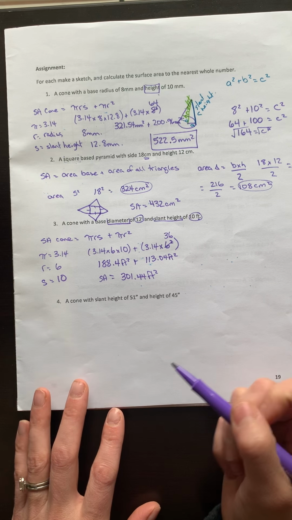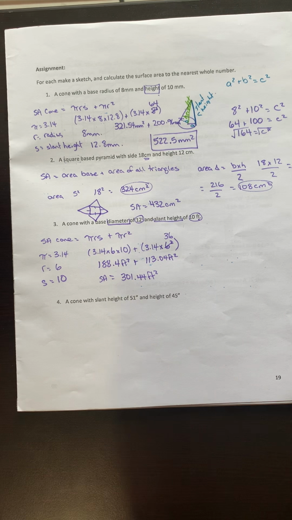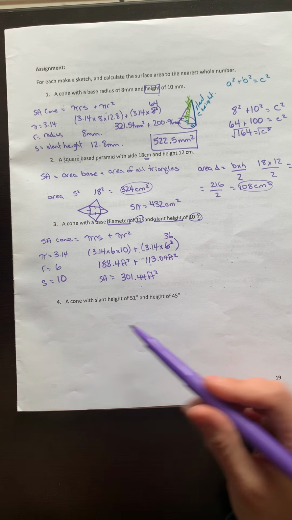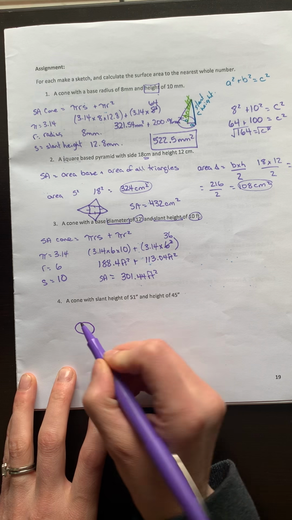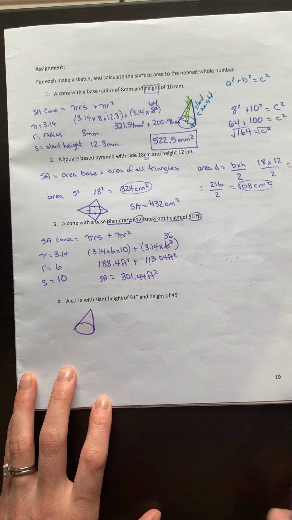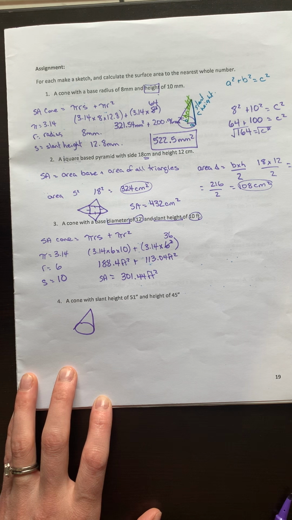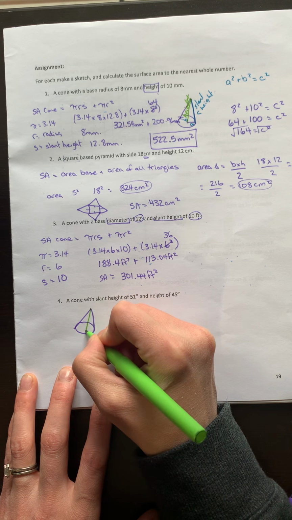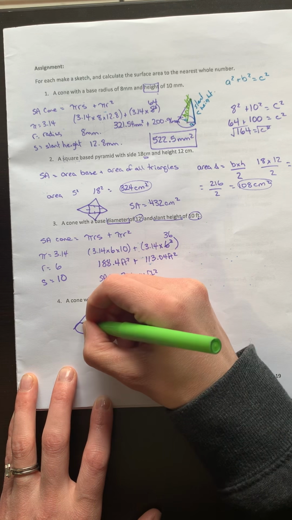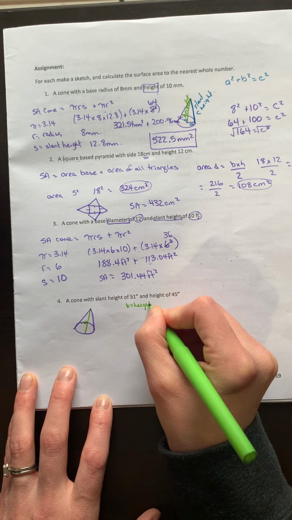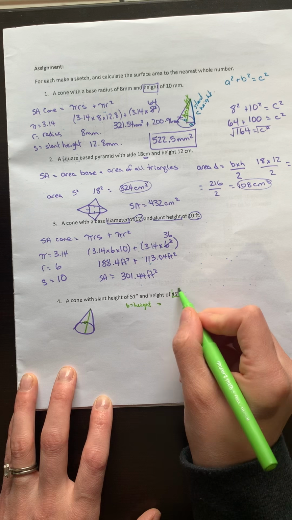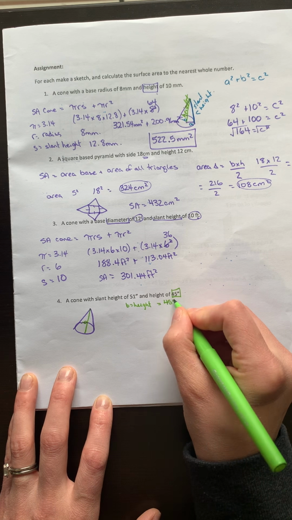Okay. And last but not least, I have a slant height of 51 inches and a height of 45 inches. So again, I'm going to need my Pythagorean theorem in order to find what my radius is. So again, I can draw this out. They're giving me my height, which is my B, so B equals 45 inches.